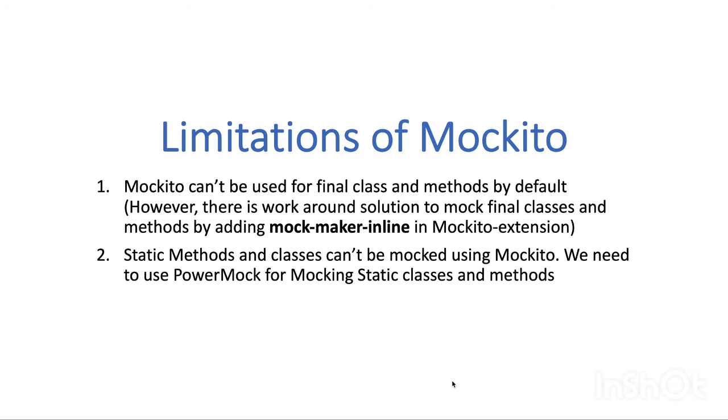And the second problem is that Mockito cannot be used for mocking static methods and classes, and that's why we used PowerMock for static methods and classes. These two are the major limitations of Mockito.